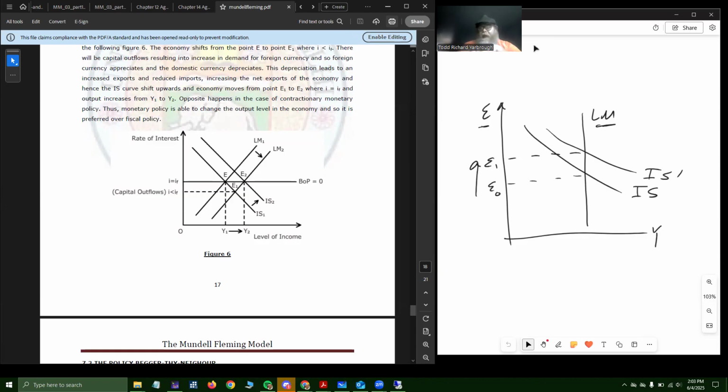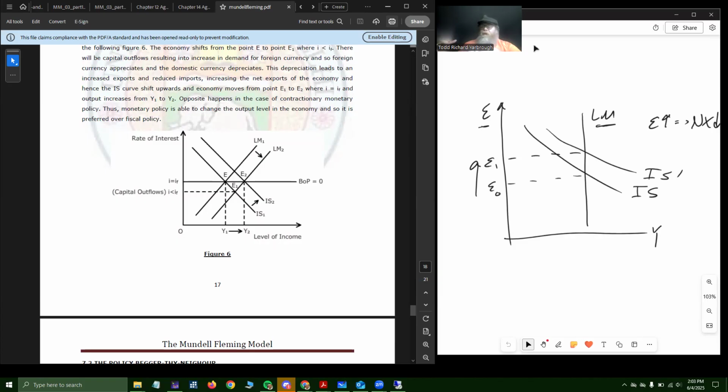And then from that, we can think about what this means in terms of net exports. Simply because the exchange rate has increased, the quantity of net exports is going to decline.